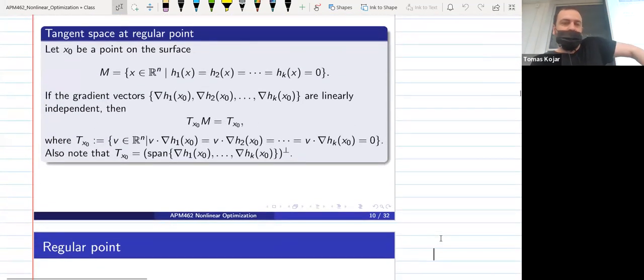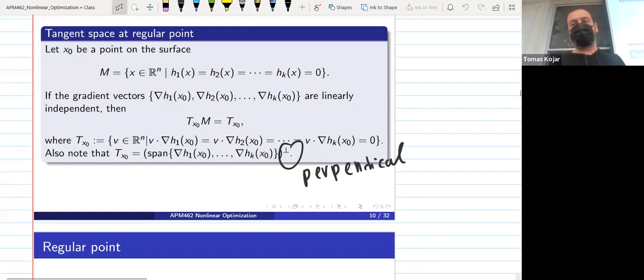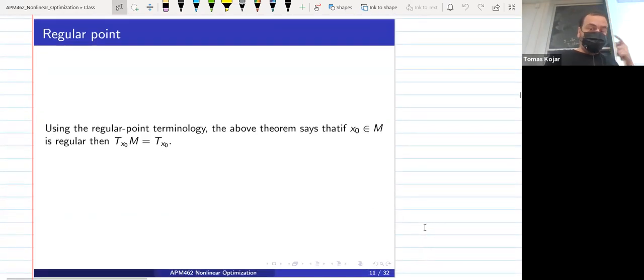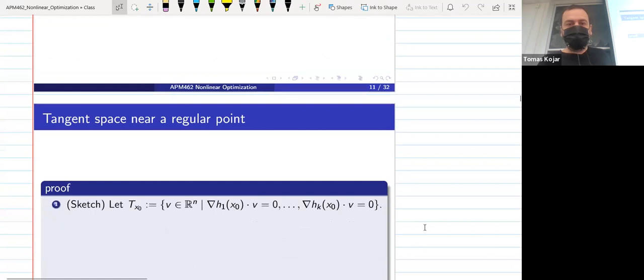In other words, we're saying that the tangent space is perpendicular to the span of the gradients. Orthogonal complement, let me say that. So let's prove that theorem.